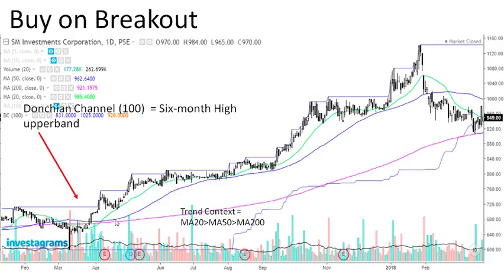You basically plot a Donchian channel, na upper band. Yung 100, so di ba na-discuss natin, in a year there are more or less 200 trading days. So divided by 2, 6 months, that's 100 days.